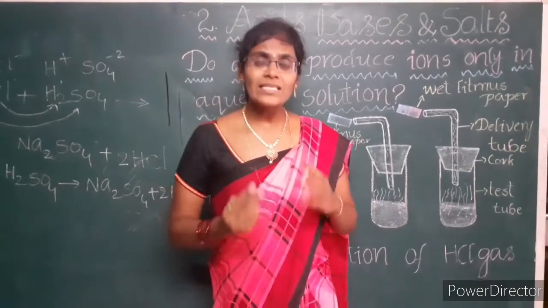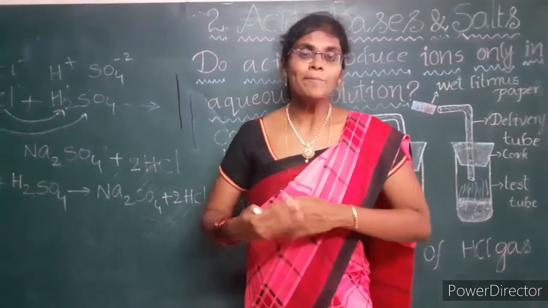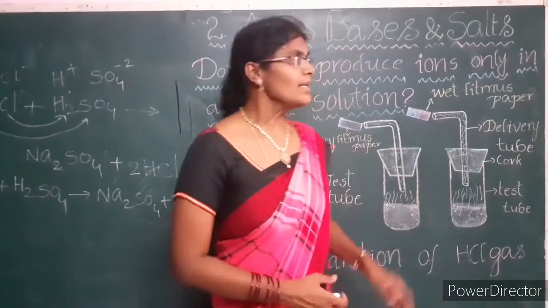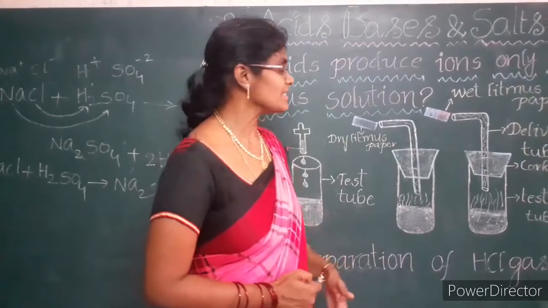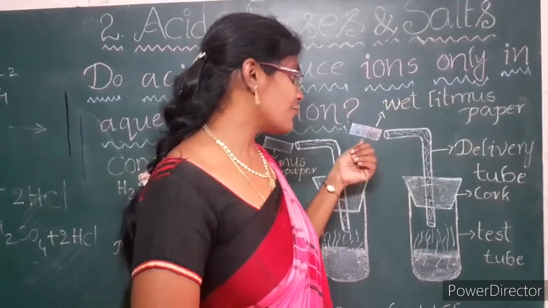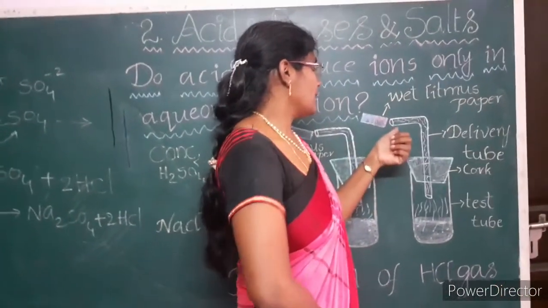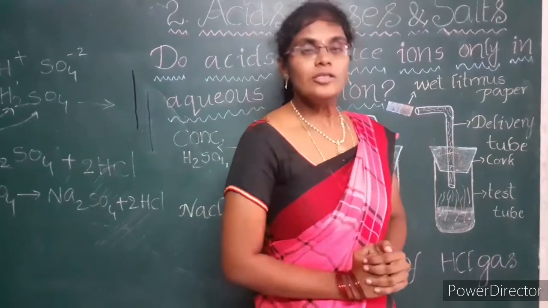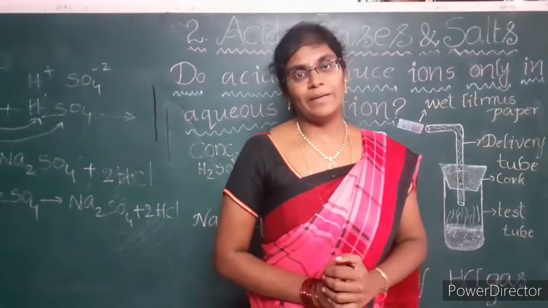Already we know acids have the ability to turn the blue litmus into red, but here the color is not changed in this case. And next, take one more litmus paper which is wet and pass the hydrochloric acid and observe the changes in the wet litmus paper.